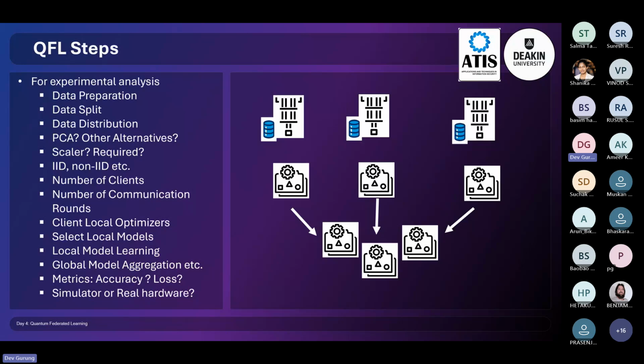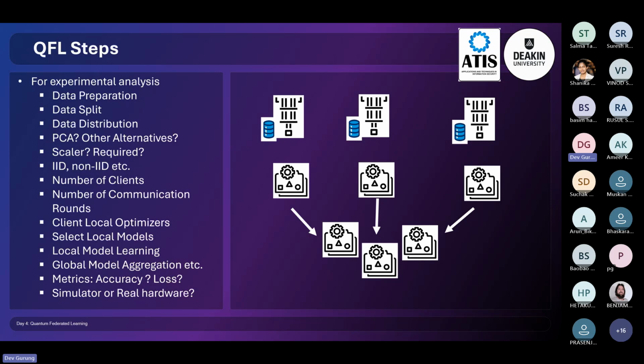It's one of the very important steps. That data is split. We don't want to train on a small portion, or we don't want to train on everything, because we also need to test our models, right? How it performs on unseen data sets. Now, data distribution. Now it comes with the difference from centralized machine learning.